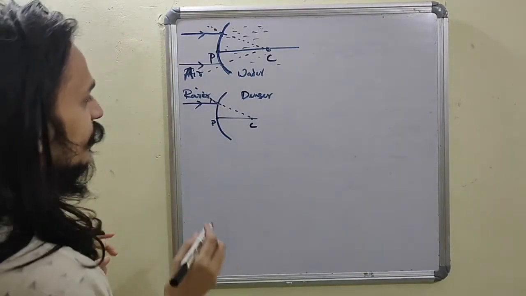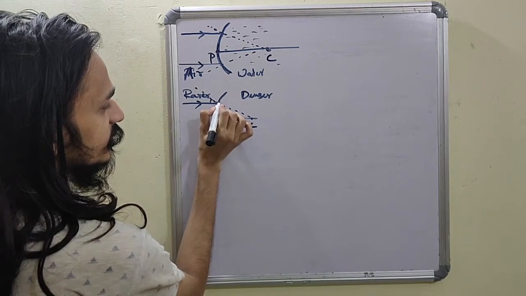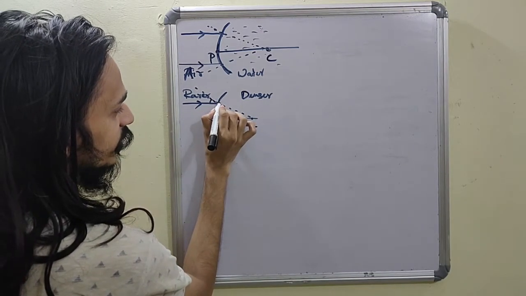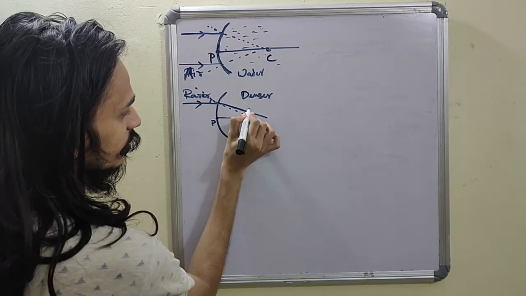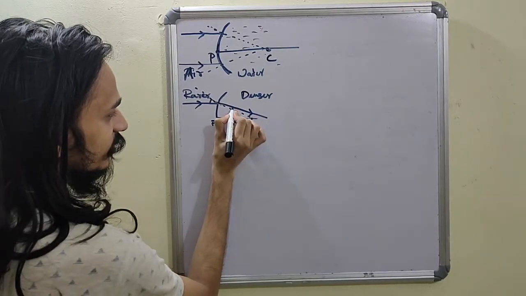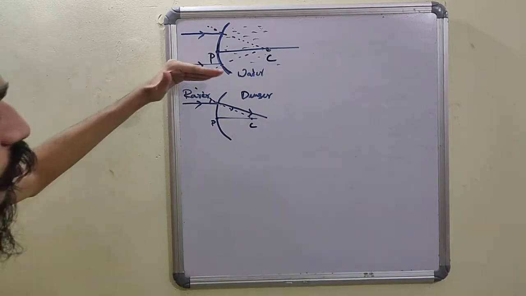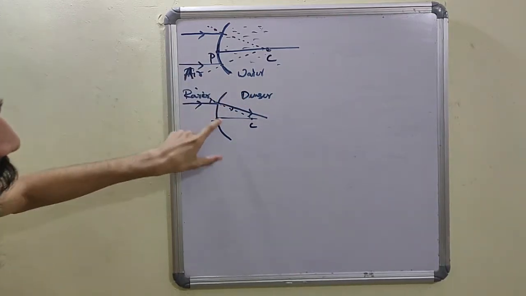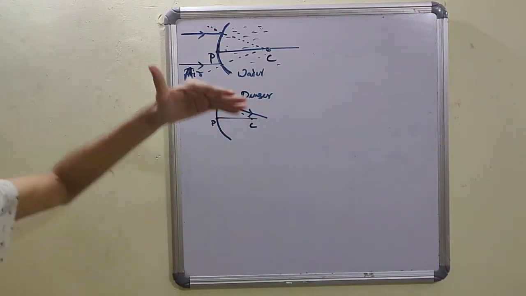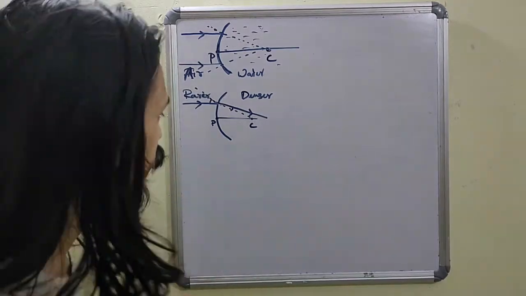What happens is, if it's from rarer to denser, this angle is going to reduce. So this angle, if you see, it is much less than this angle. Light went through, but it bent in such a way that this angle gets reduced.